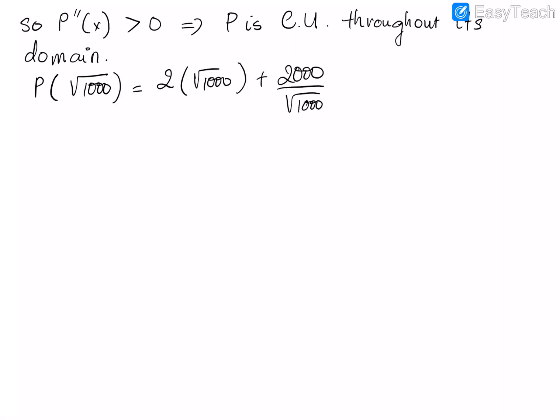If you rationalize this, you're going to end up with 4 square root of 1,000. So this point is an absolute minimum value.